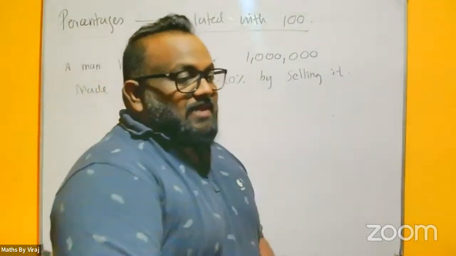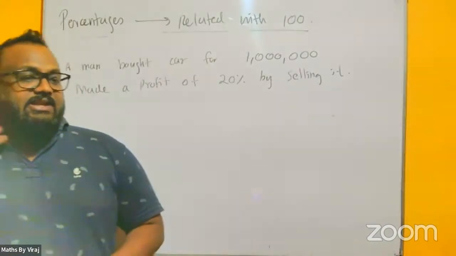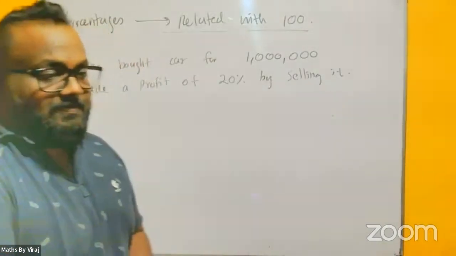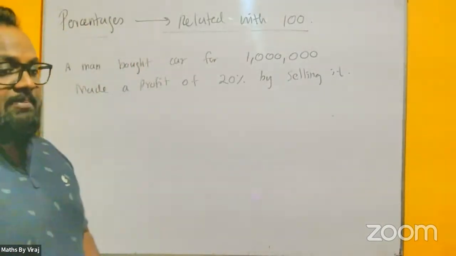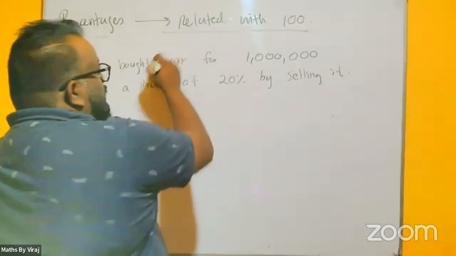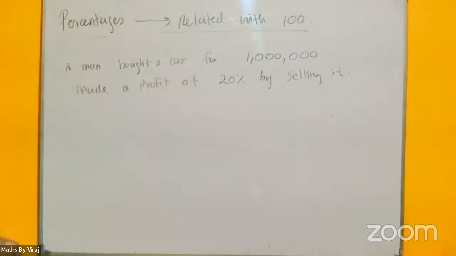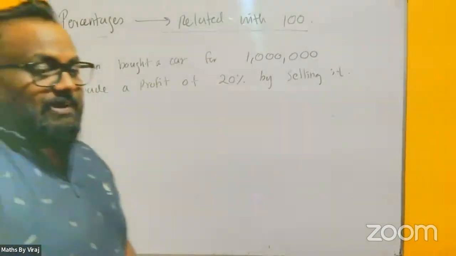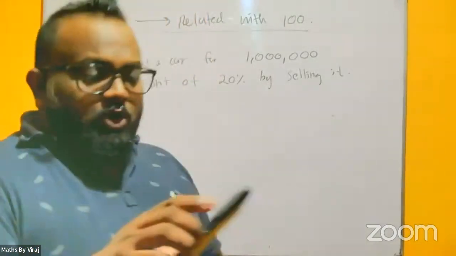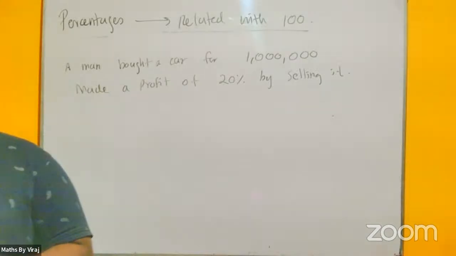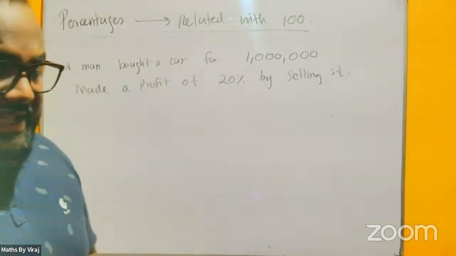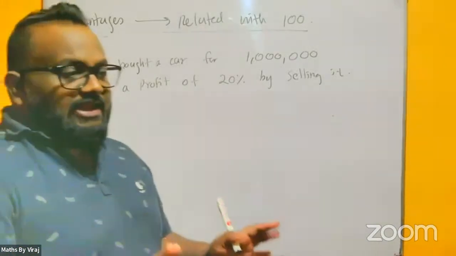I'm sorry. Yeah. Percentages. So percentages are related with 100. A man bought a car for 1 million, made a profit of 20% by selling it. Now, how do we understand this calculation? Is it difficult? No, it is very easy.